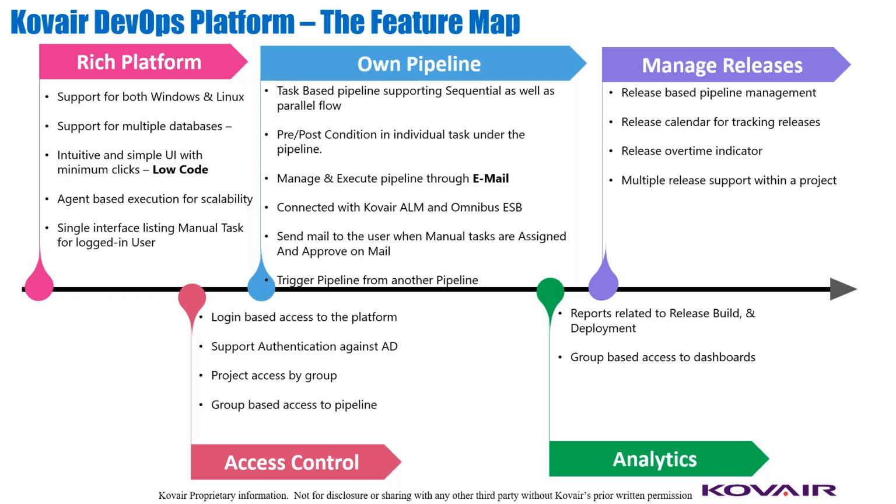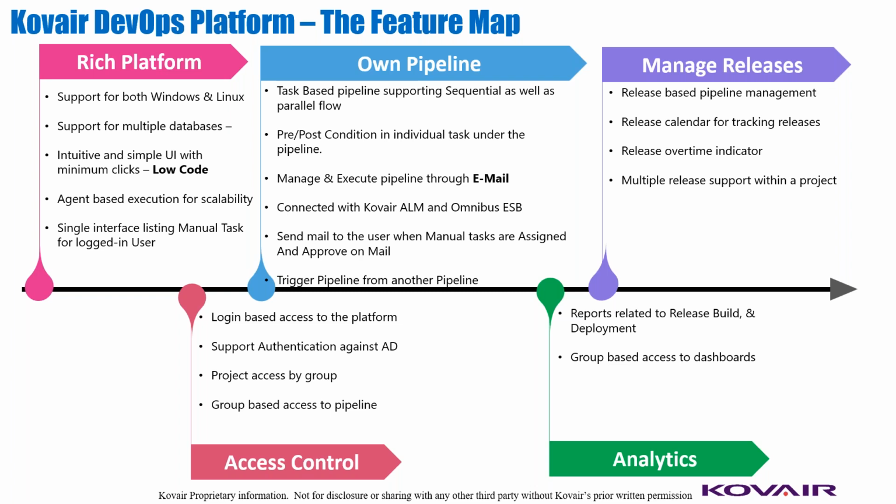For each of these pipelines getting achieved, your releases are getting done, and you can have deployments for every release. So it supports release-wise pipelines. It gives you indicators that, okay, this release has overshot my timelines. You can see a calendar of releases.